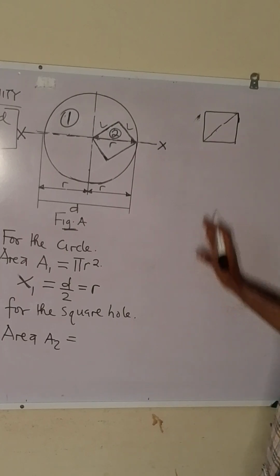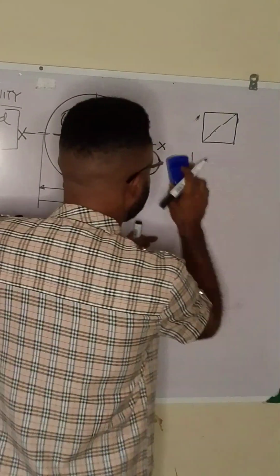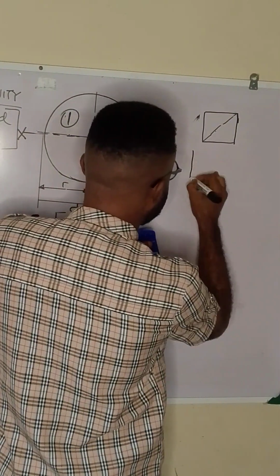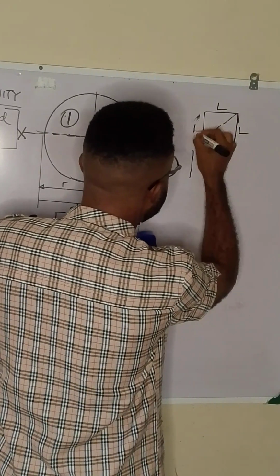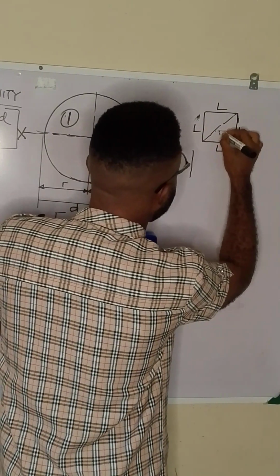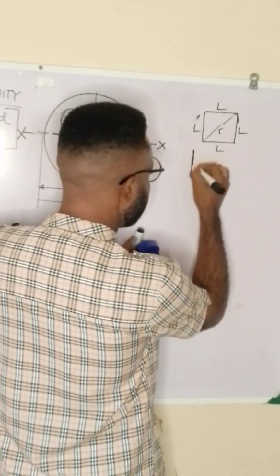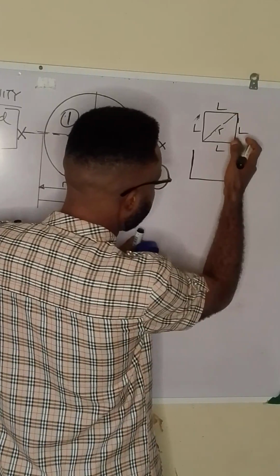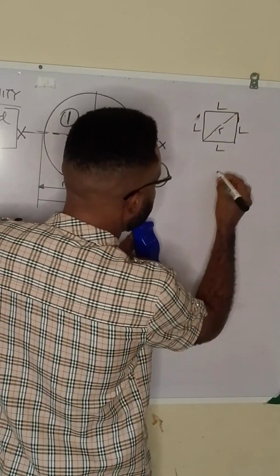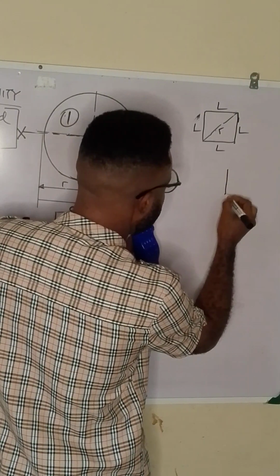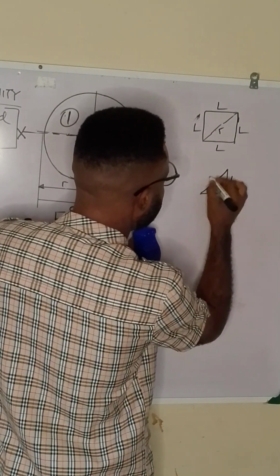So if I decide to draw it like a right angle triangle, this is L, this is L, and this is our R, which is the radius. So if I take this part the way it is, this will be L, this will be L, and this will be R.